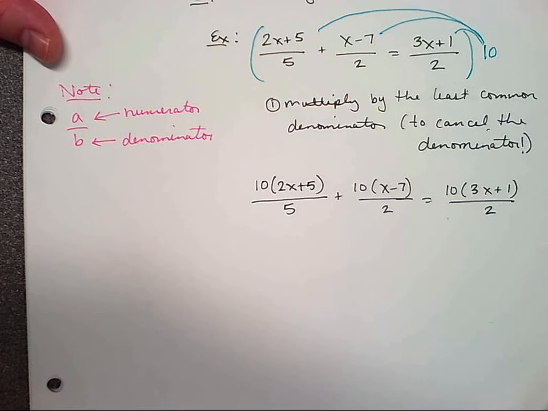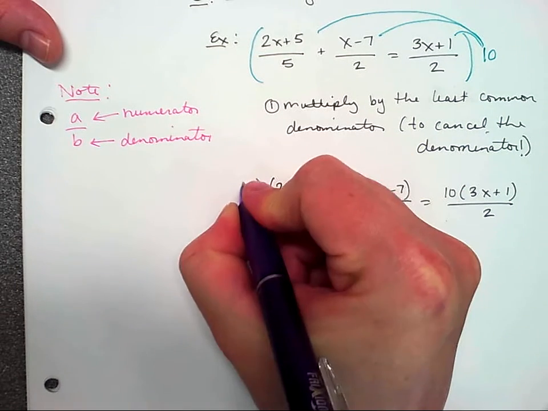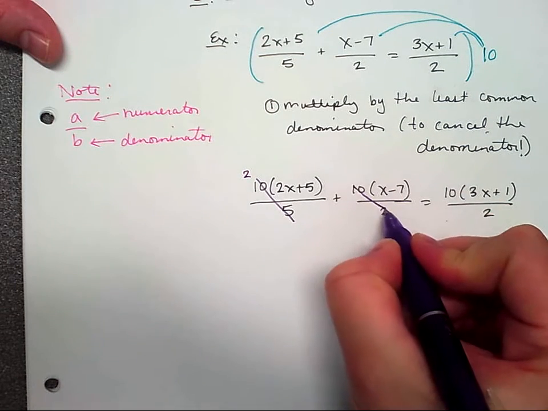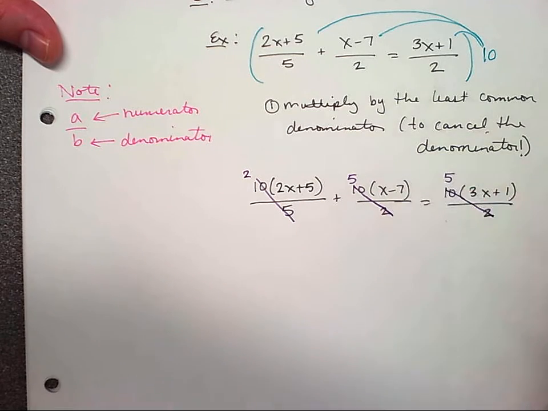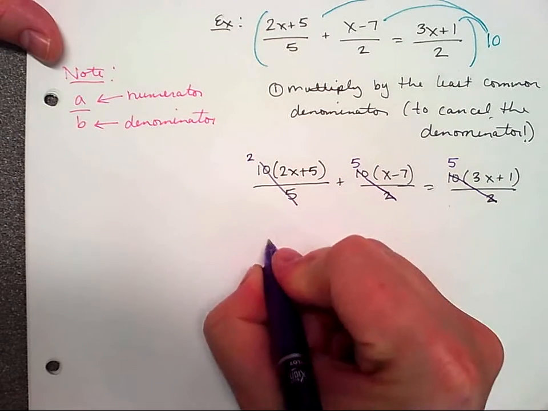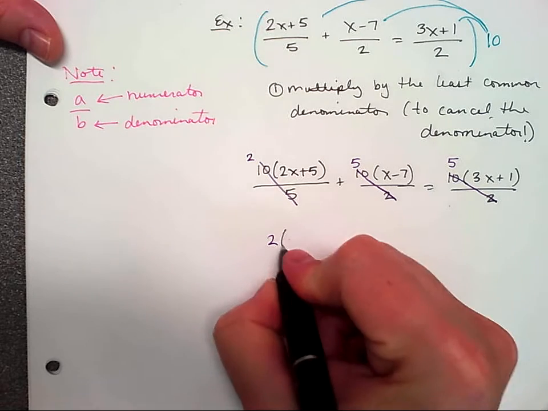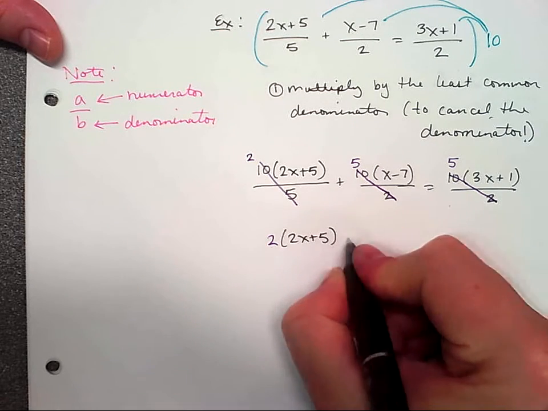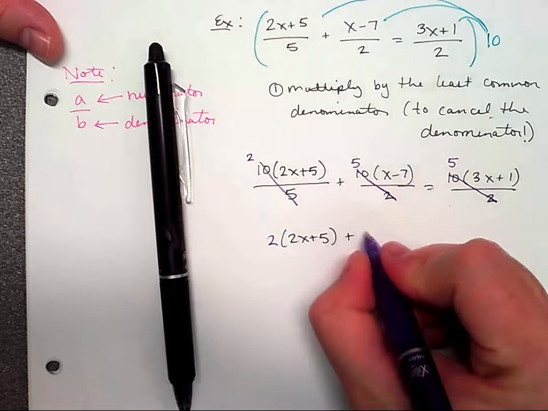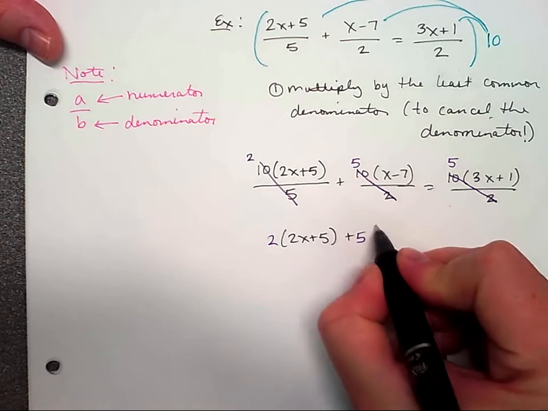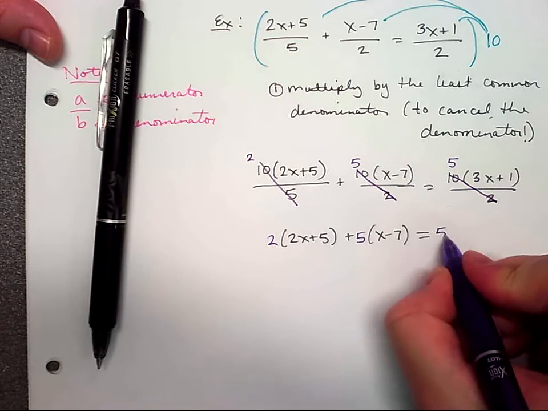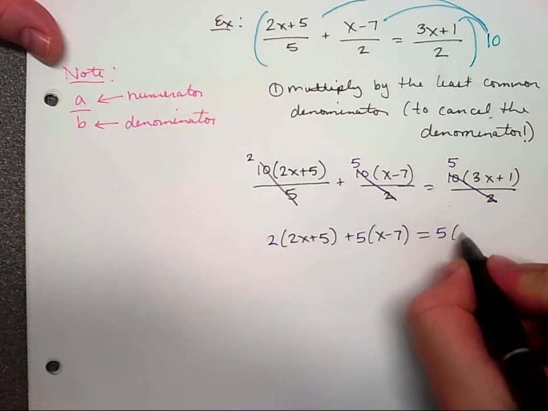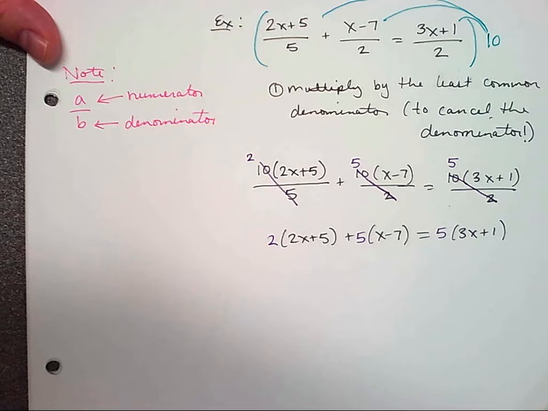Okay, what is 10 over 5? 2. Here, what is 10 over 2? 5. Okay, so let's rewrite what we have. We have 2 times (2x plus 5) plus 5 times (x minus 7) equals 5 times (3x plus 1).